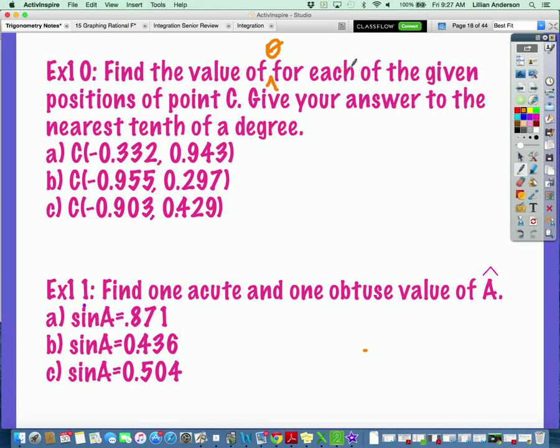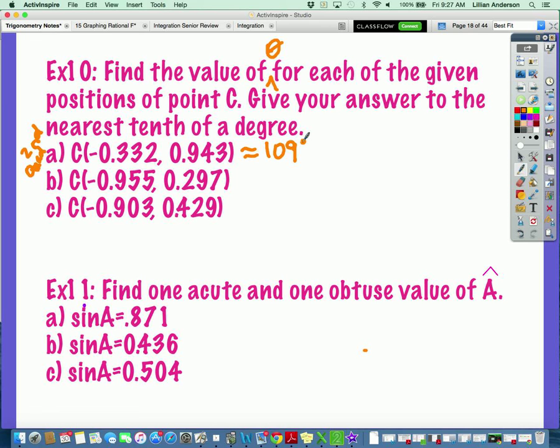So to find the value of theta, these are all second quadrant points, so you're going to want the number that's between 90 and 180. You're going to get the same situation for B and also for C. When you do the cosine inverse of negative 0.955, and then the sine inverse of 0.927, you're going to get two numbers that are not the same.